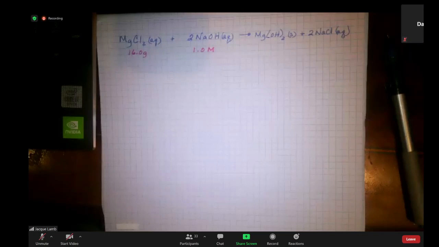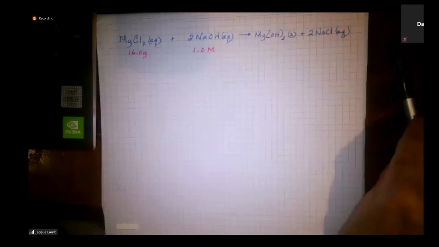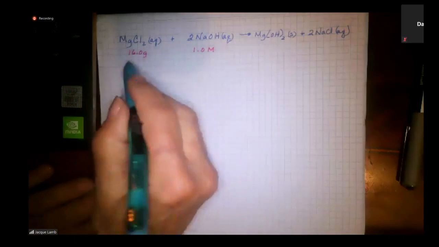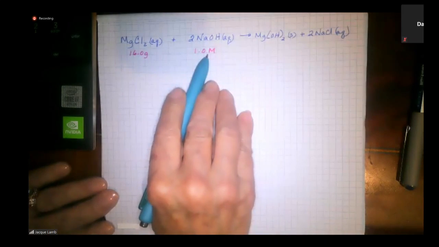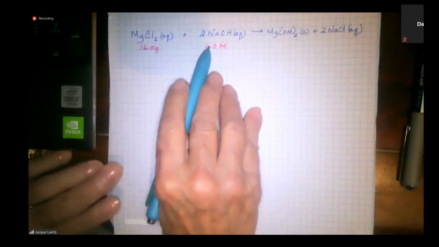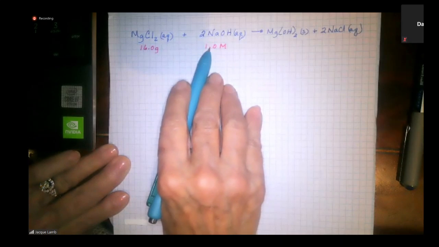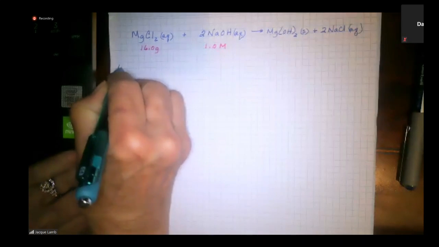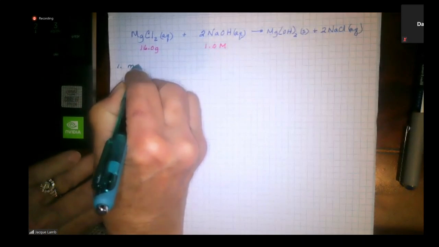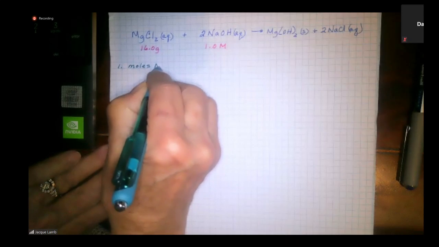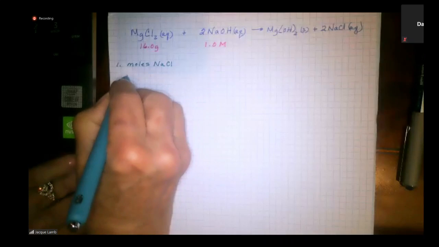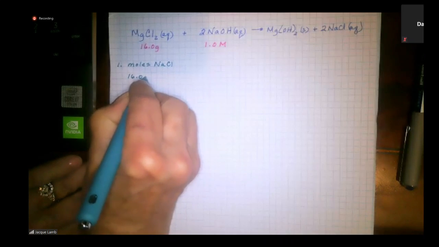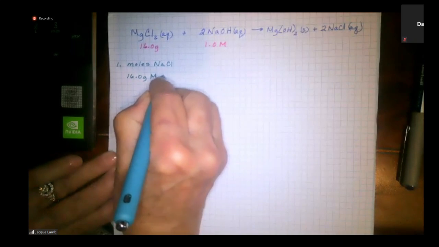So let's go through these one at a time. So I was given 16 grams of magnesium chloride and 1 molar sodium hydroxide. I'm not given an amount, I'm just told that it's 1 molar. So the first question asked for moles of NaCl. So 16 grams of magnesium chloride.